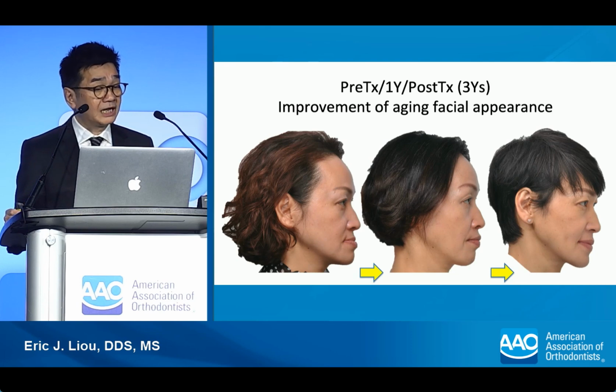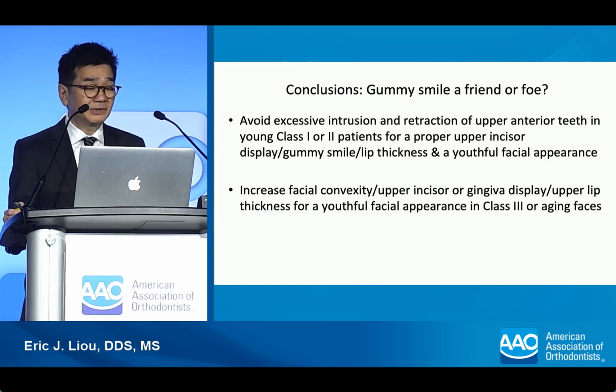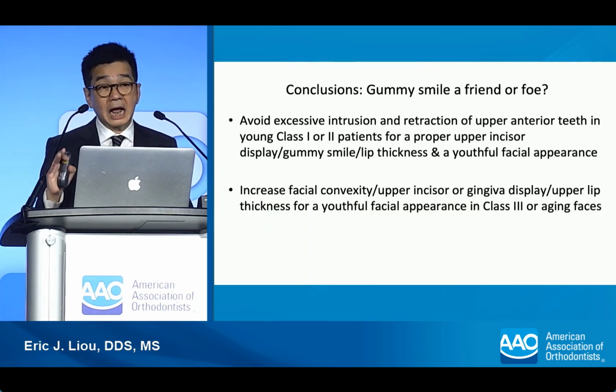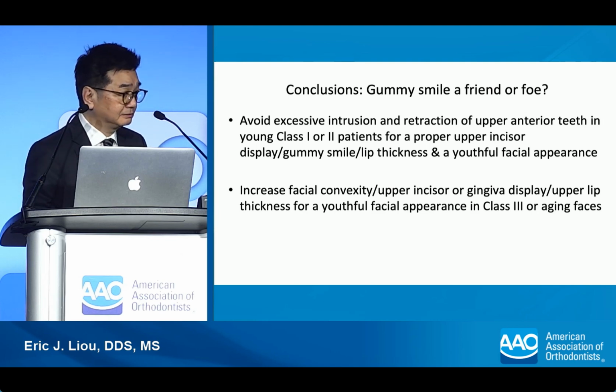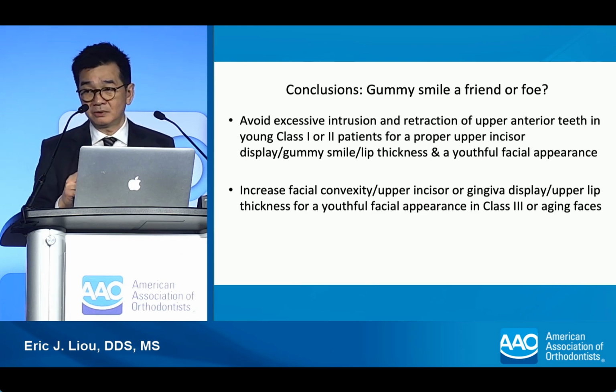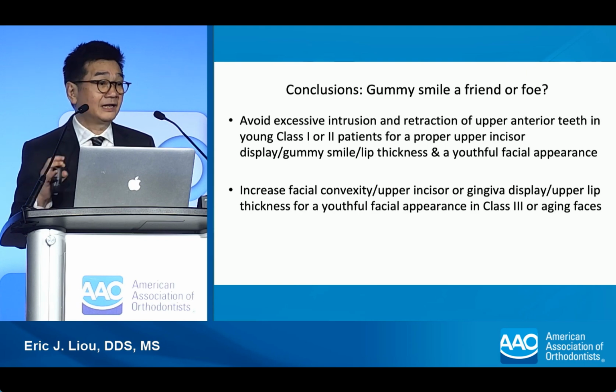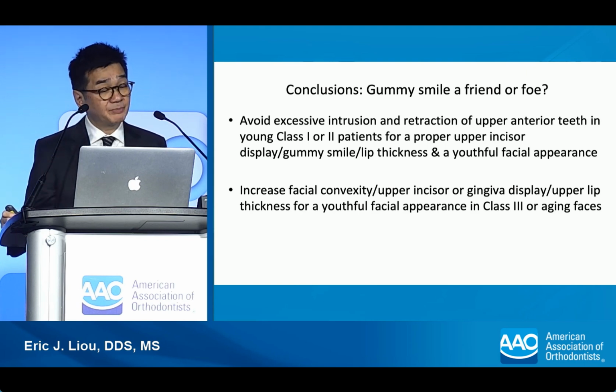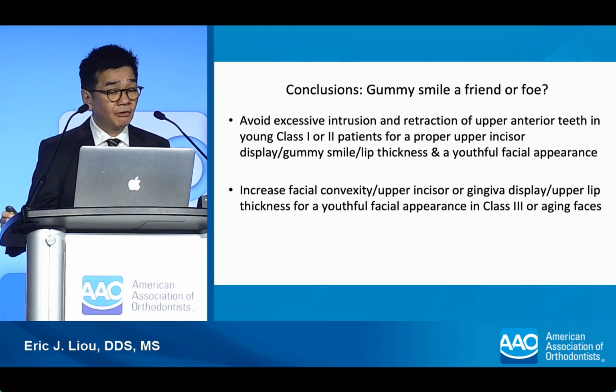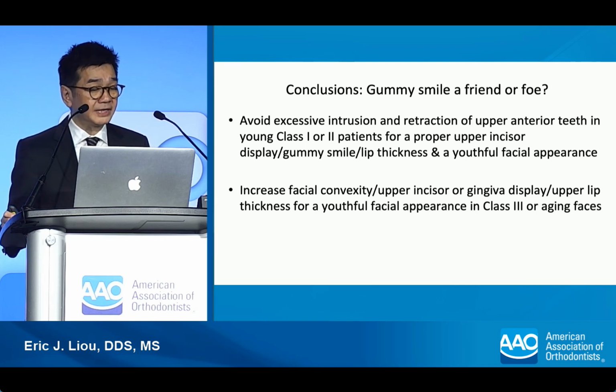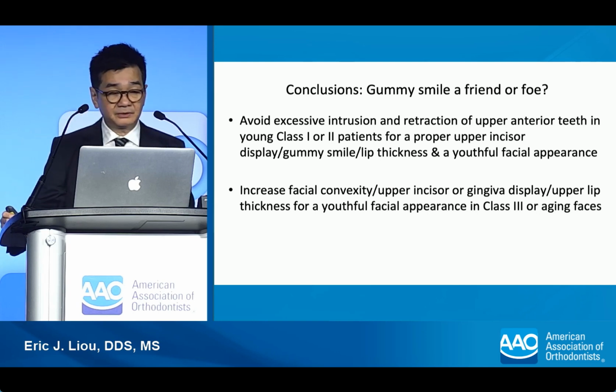So overall, in the end, I would like to give my conclusion for how we can make a friend of Gummy Smile instead of an enemy. So for younger patients, class 1, class 2, avoid excessive intrusion and retraction of the upper teeth.